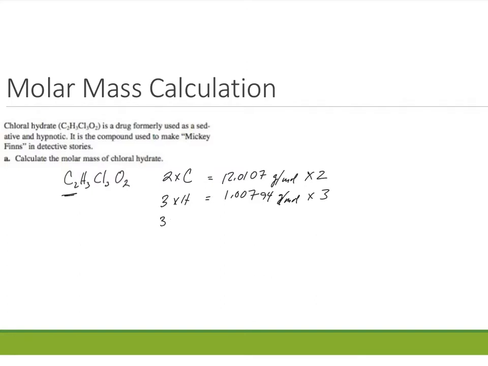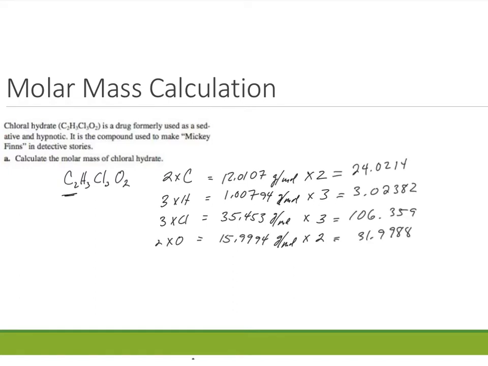I've got 3 chlorine, and chlorine from my periodic table says 35.453 grams per mole, and multiply that number by 3. And then finally I've got 2 oxygen, and each oxygen is 15.9994 grams per mole times 2 of those.